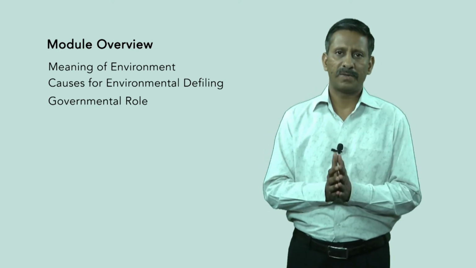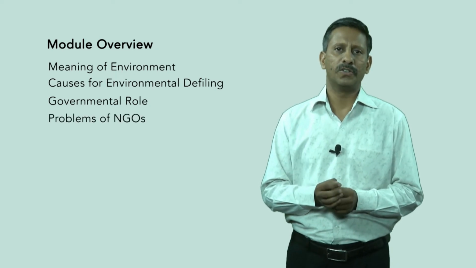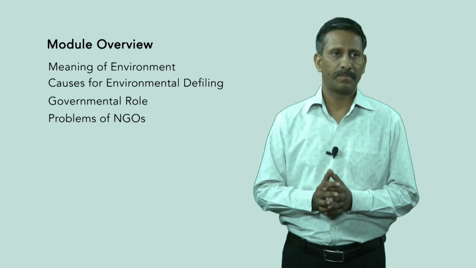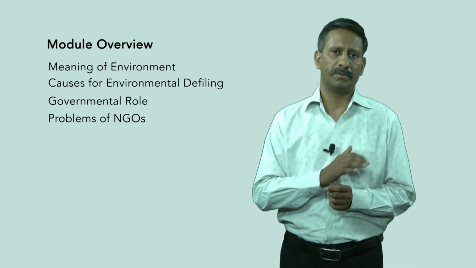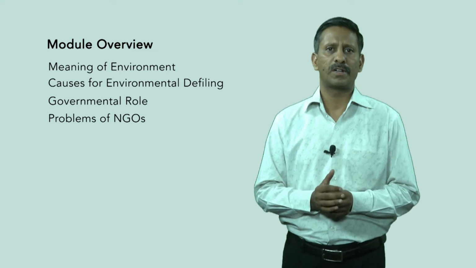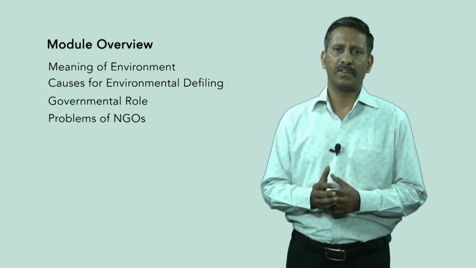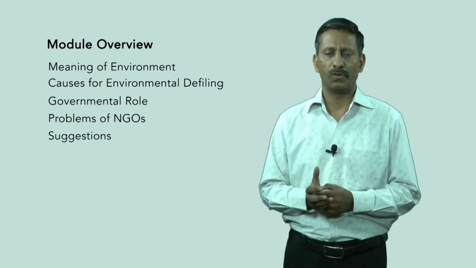Then after that, I shall be dealing with the problems which these NGOs are facing and even the darker side of the role of the NGOs. The darker side of it is that their policy orientations are not up to the mark. So, those handicaps we shall also be discussing, and after that we will talk about the recommendations and suggestions, how do we improve upon the role of the NGOs.